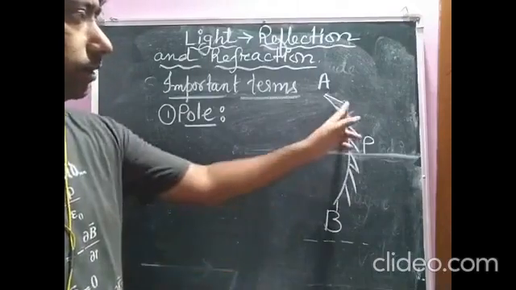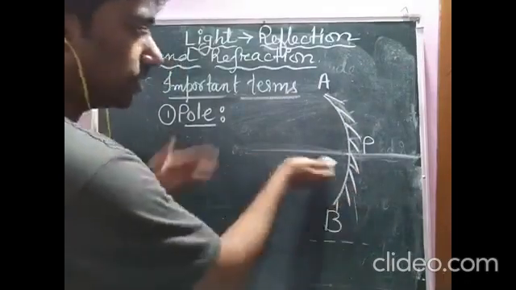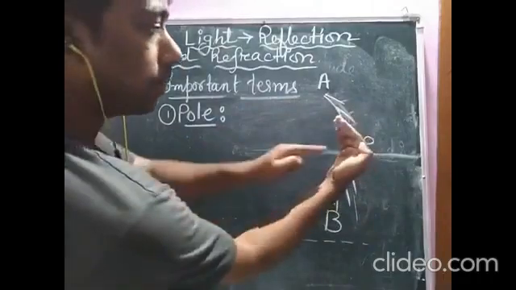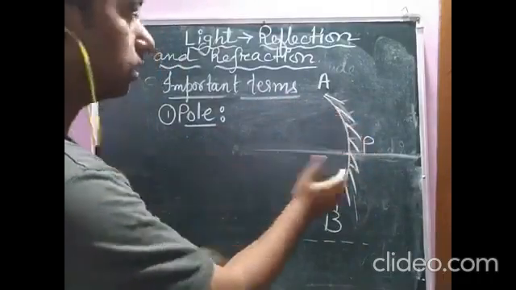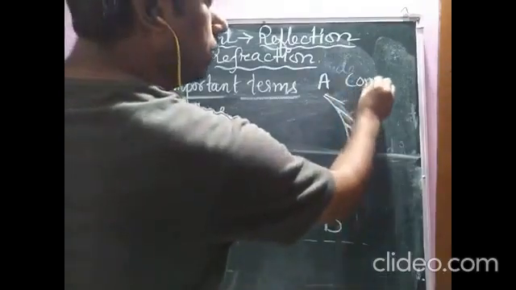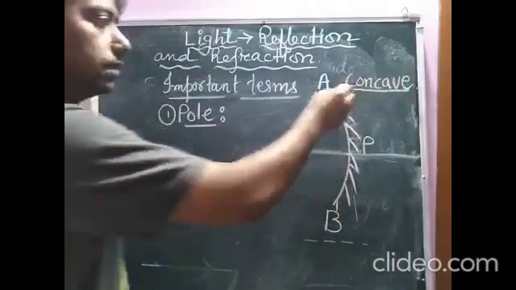You can see this outer part represents the oxide layer, and this interior part is the reflecting surface. So it's a representation of a concave spherical mirror.